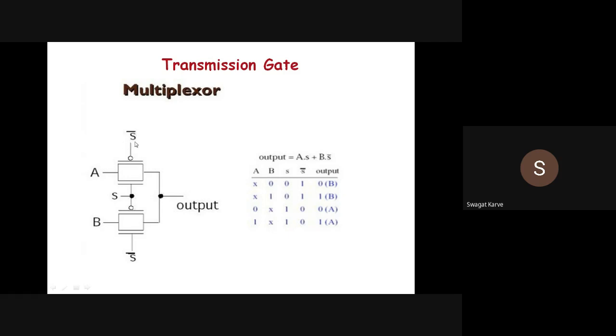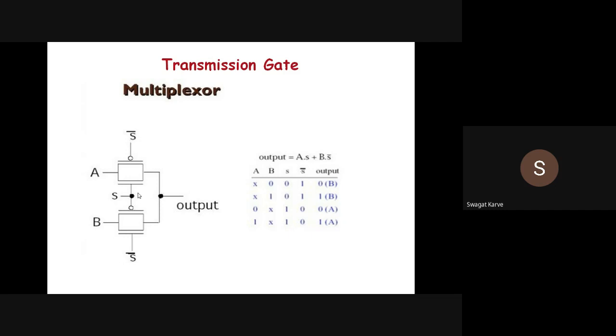Now, based on the select or the supply that you choose, it will produce the output. For example, at the A you will not give any input, or if you apply, then also it doesn't matter, because this transistor will act as an open switch in that case. That means whether you give the input or not, this transistor will be an open switch, right?